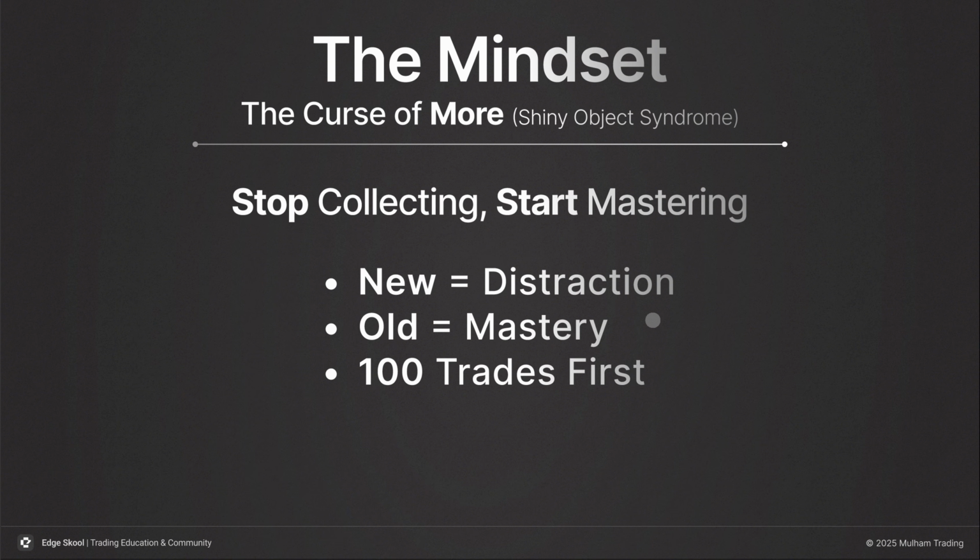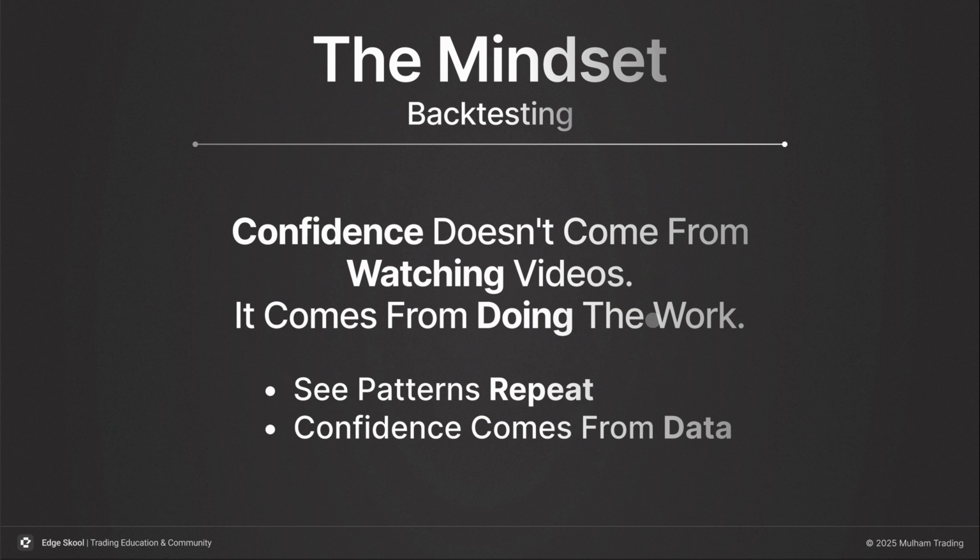And if it doesn't work, then at least you put in the work. You did backtest 100 trades. If not, you might be just learning a new concept, and then it's going to equal distraction, and you cannot apply 100 concepts, but you can actually apply each one at a time. That is the way. Backtesting.